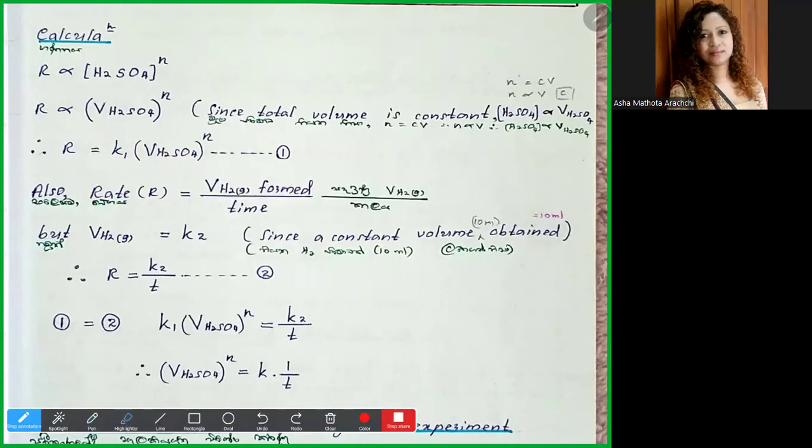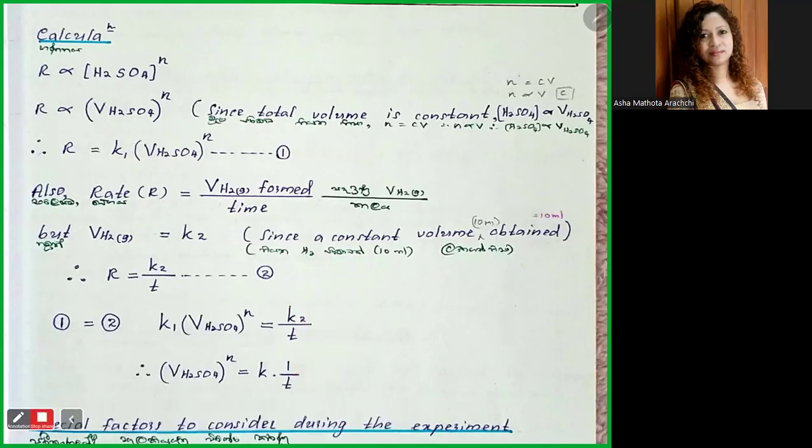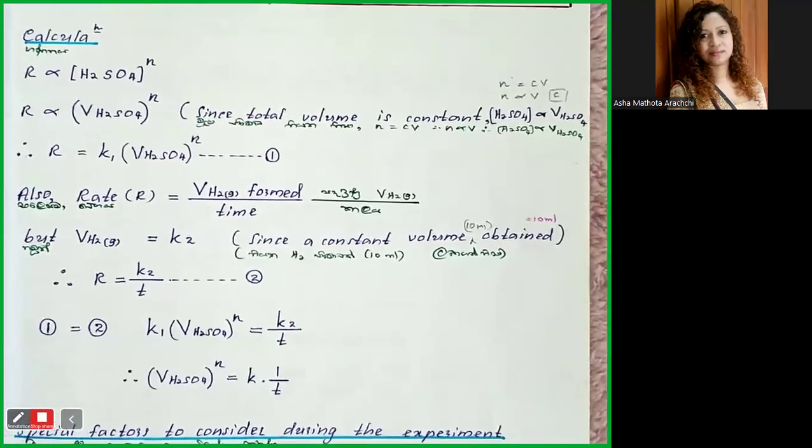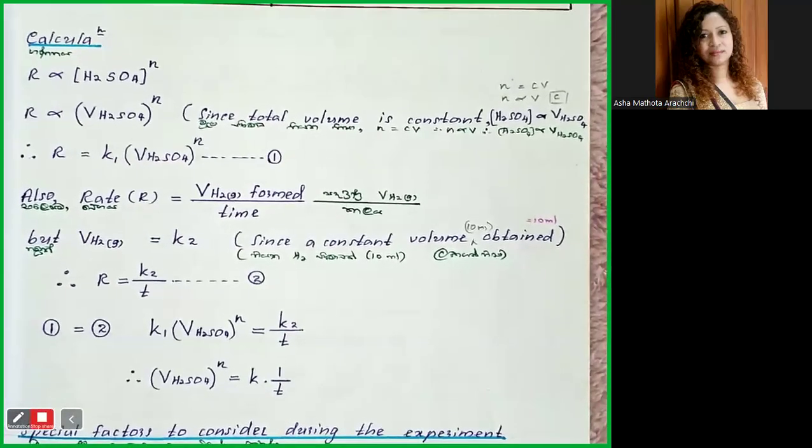But formed H2 is constant, so instead of this V H2, I can write K2. So I have two expressions, this and this. If the R's are equal, I can write the other sides equal as well, so I can get here. So from that, how do we calculate the order? That we're going to do later. So let's copy this part. Let's write this little subtopic, calculation, and then copy this.